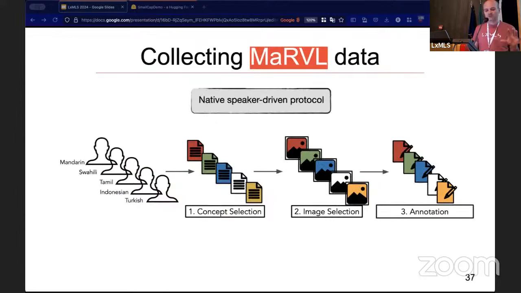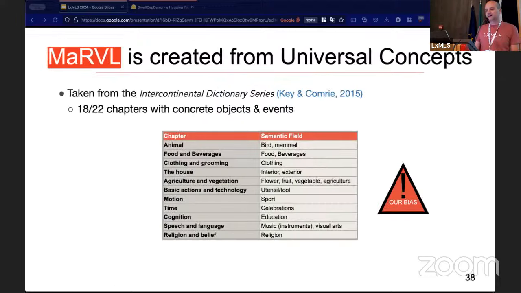So how do we do this? Well, we tried to do something innovative here and do this through a native speaker-driven protocol in 3 different stages. Our first step, or step 0, was to decide which concepts we wanted to collect data for. We used the Intercontinental Dictionary series, and we focused on the chapters that contain concrete objects and events.